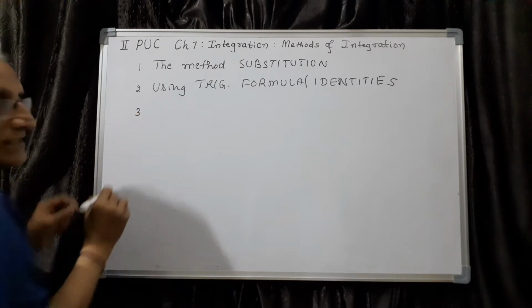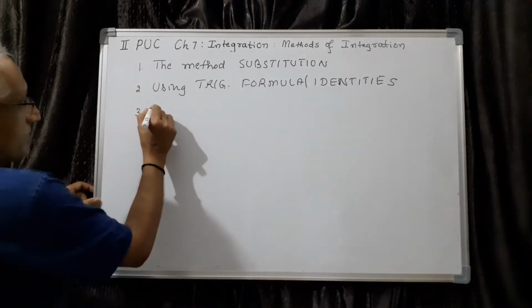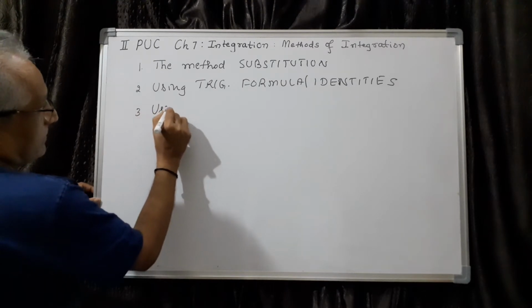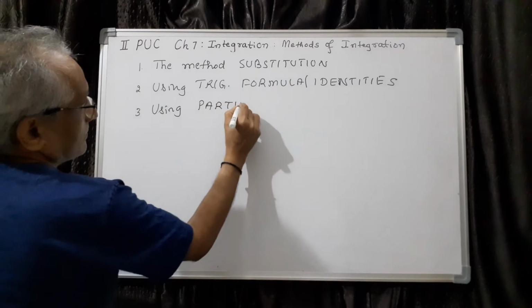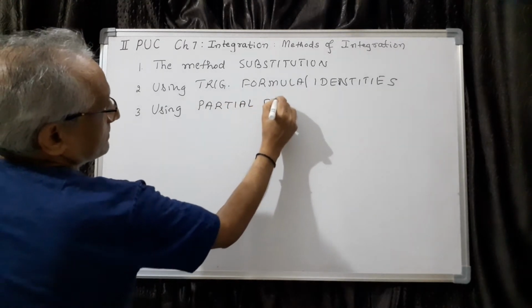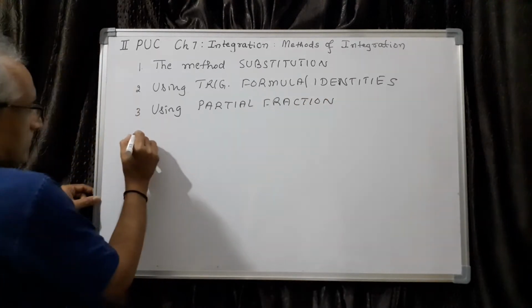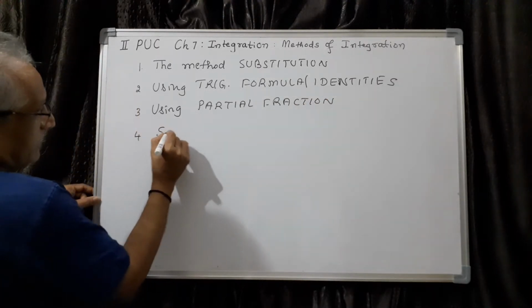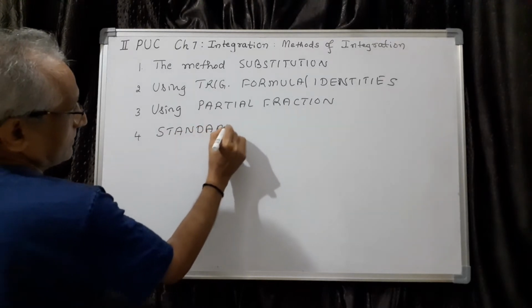The third one is, for example, the partial fraction. So using partial fraction. The fourth one is standard forms.